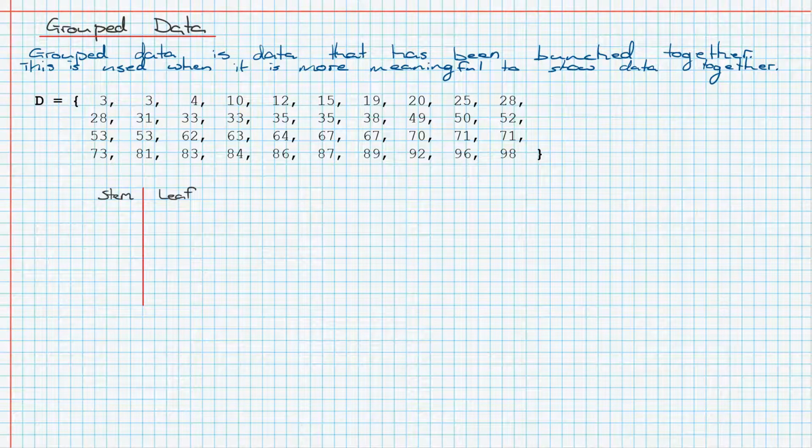For the first ones, you have to take into consideration that there's a 0 in front of these. So 3, 3, 4, there's a 0 as the most significant, and then we go 10. Because of that, for my stem, I'm going to go 0, 1, 2, 3, 4, 5, I need slightly more space.